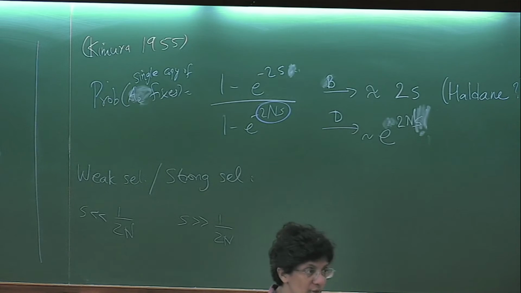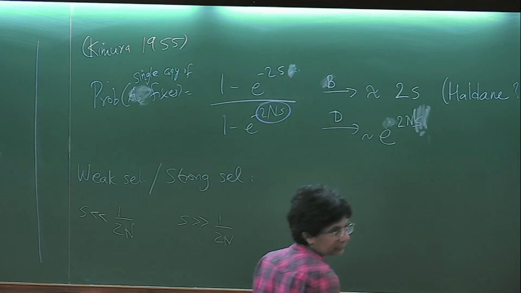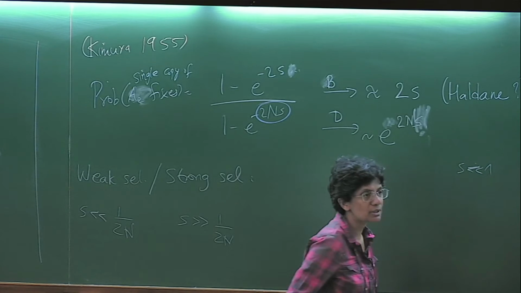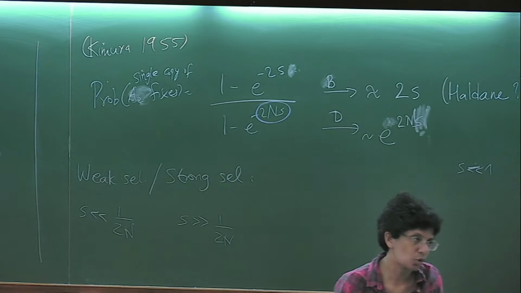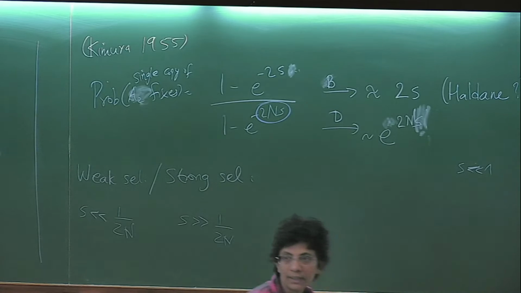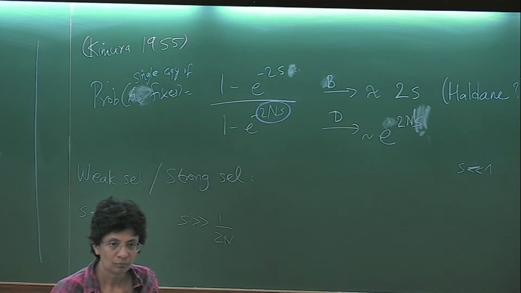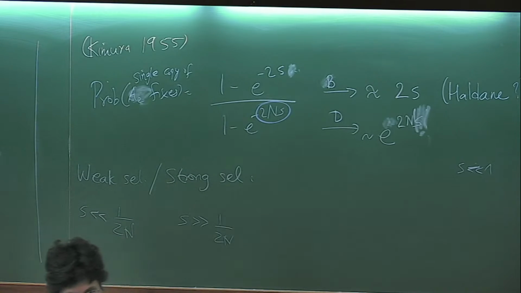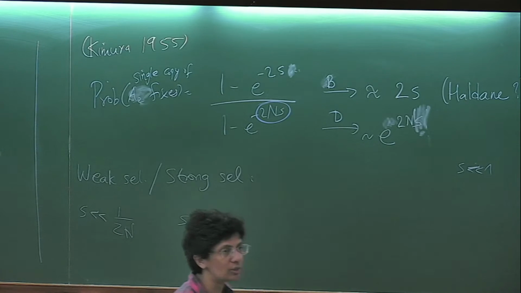But in actual calculation, S is less than 1. Actually, it's much smaller than 1. So in this diffusion theory, that's what we are assuming. Any other question? This is applicable only when S is much less than 1. Yeah, that's because that's biologically correct. Okay, fine. So selection, this much only I wanted to say.